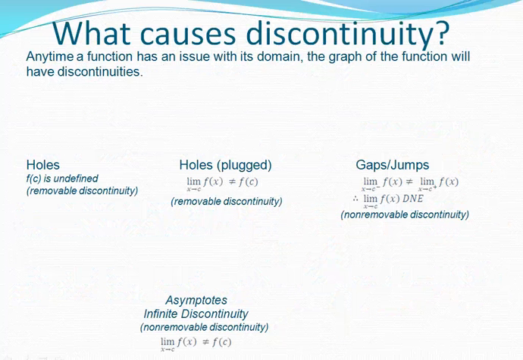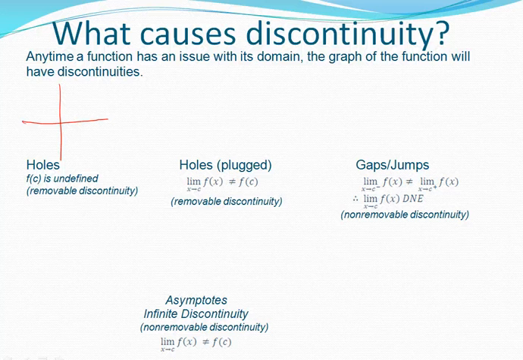Now let's discuss what might happen to a graph that would cause it to be discontinuous. The first one we want to discuss are holes. You're familiar with how holes are created. When we have a rational equation and we factor out something in our denominator and are able to cancel it, then a hole is developed.